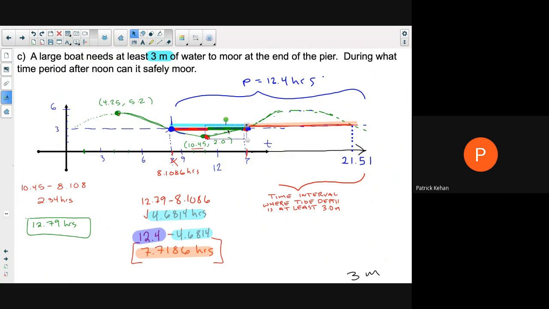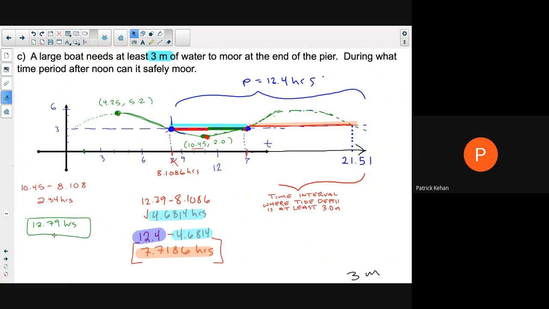So what I can do now is take this 2.34 hours and add it to the 10.45 hours right here. And that'll give me this interval of time, which is what I'm looking for. That's going to be the first time where this tide is above 3 meters, right?